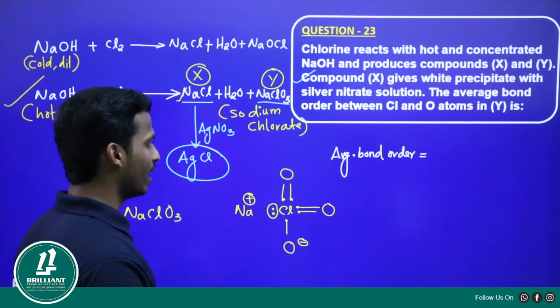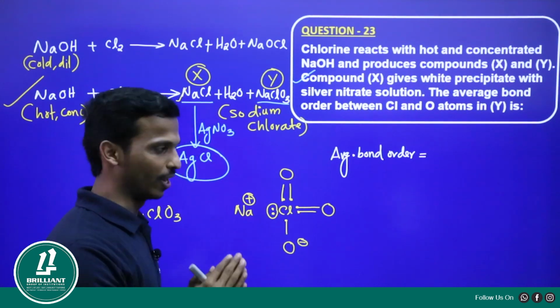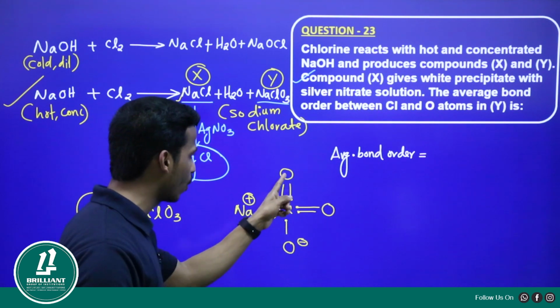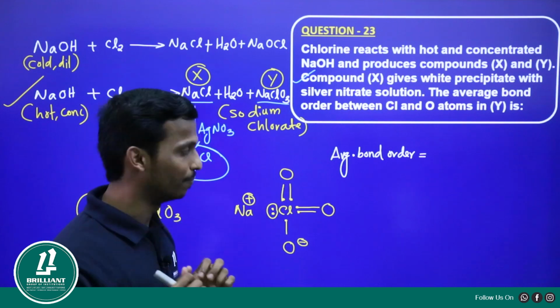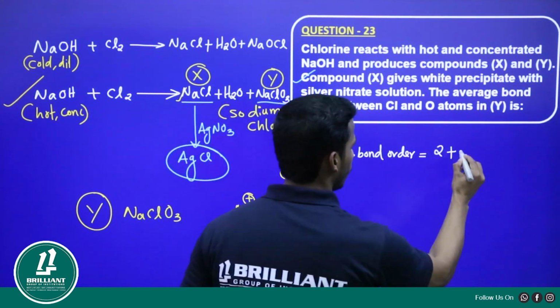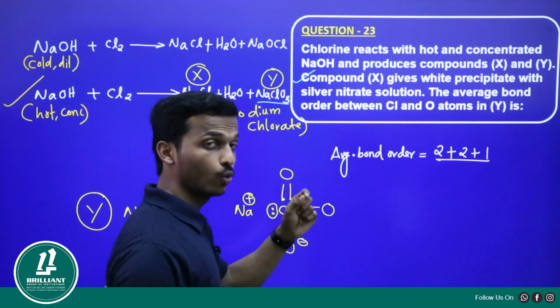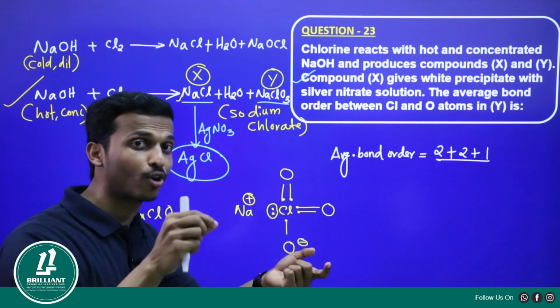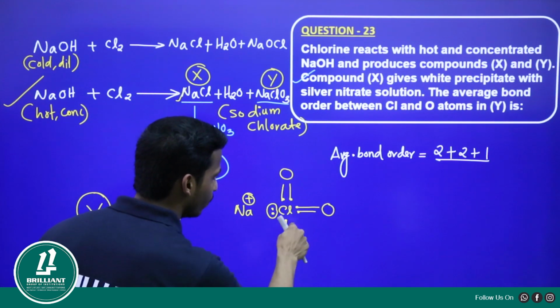Or you can say the number of individual bond orders. How many bond orders between this chlorine and oxygen? 1, 2. What is bond order? Number of bonds between 2 atoms. There are 2, right? So 2 plus here 2 plus here 1. Okay, divided by. I told you either you can take the number of bonds involved in resonance. All these 5 bonds are involved in resonance.